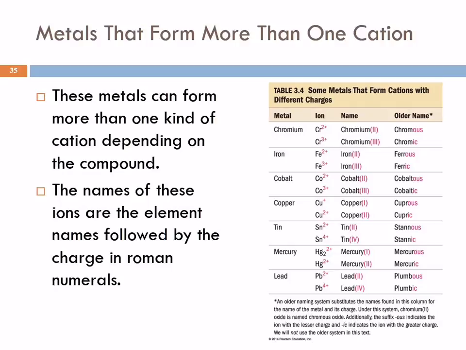I won't give those to you on an exam. I personally have a hard time remembering which is which, and so I really don't expect you to remember that. If we need to know it, we can look it up. So any of the elements, the metals that are not group 1A, 2A, 3A, zinc or silver, are going to need a Roman numeral for their ion name. Okay?